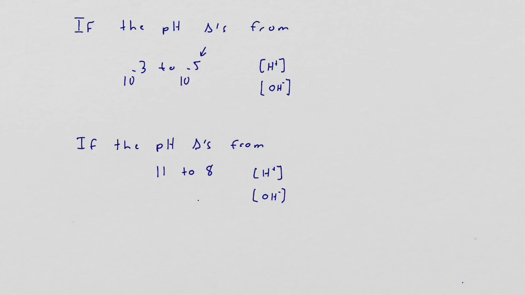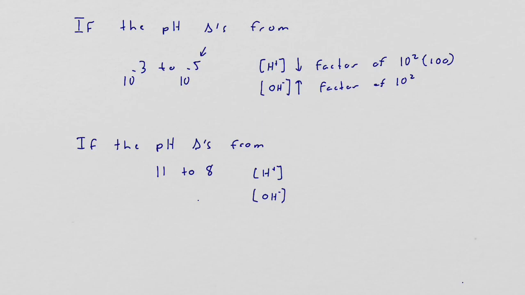So the H plus concentration is decreasing by a factor of 10 to the second power. That's the difference between those two, which is basically saying it's 100 times smaller. At the same time, the OH minus concentration is doing the opposite. It's increasing by a factor of 10 to the second power. So it's getting 100 times greater.